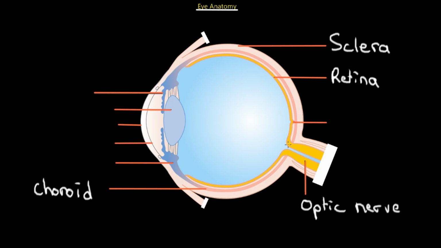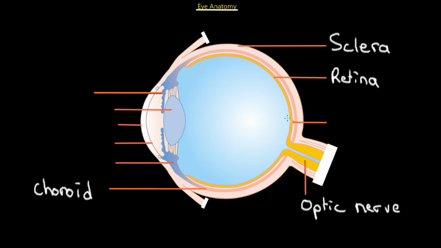The optic nerve is the one that goes all the way to the brain. It goes through the optic chiasma, which we will discuss, and then our brain is able to perceive light and construct images within our brain the way we see them and the way the light hits the rods and the cones that are on the retina.